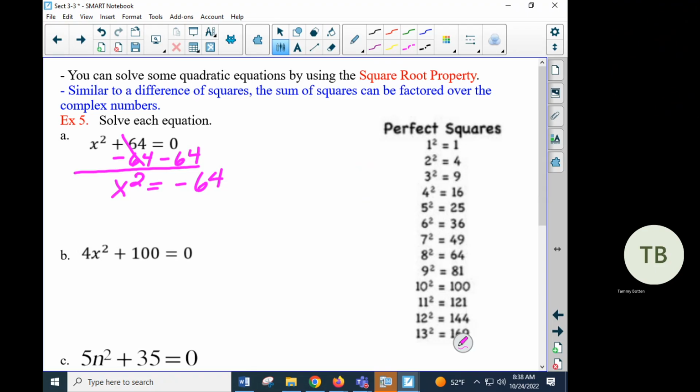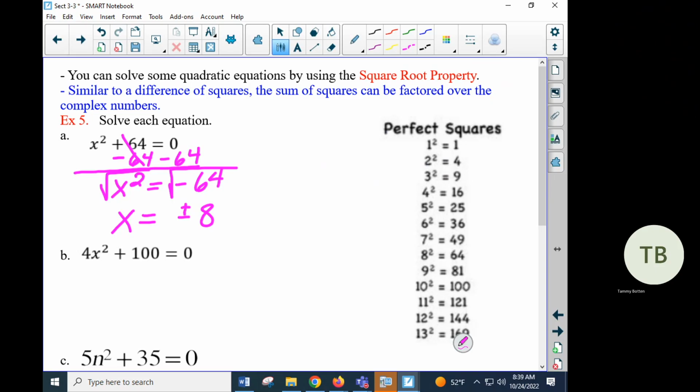And do you guys remember what to do if you have x squared and you want to get rid of the squared? You take the square root, yes. So if I take the square root of both sides here, whenever you take the square root, you're going to put plus or minus, and then the square root of 64 is 8.